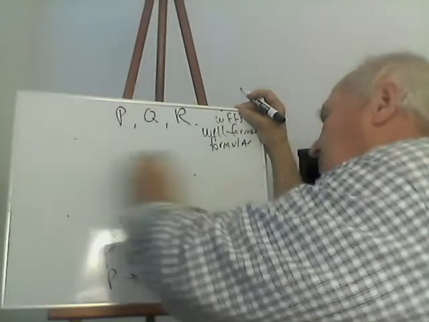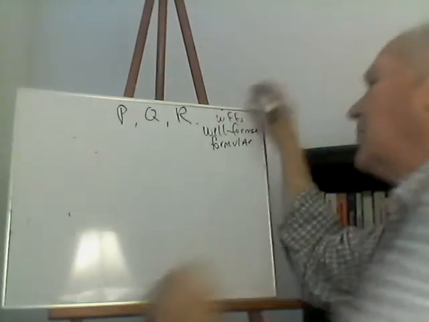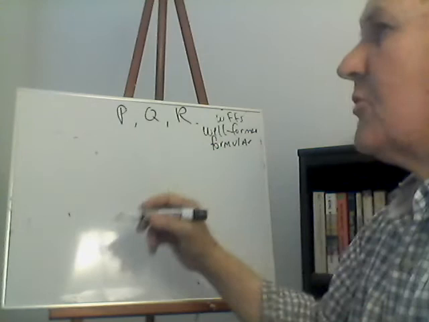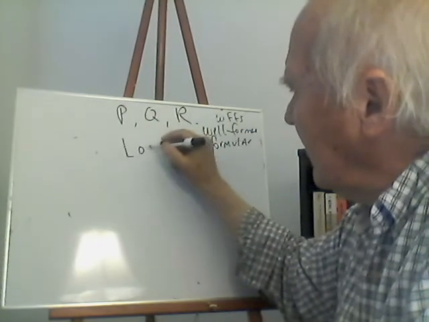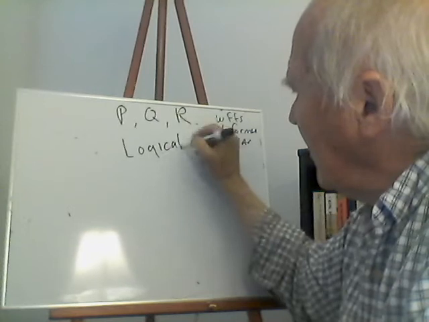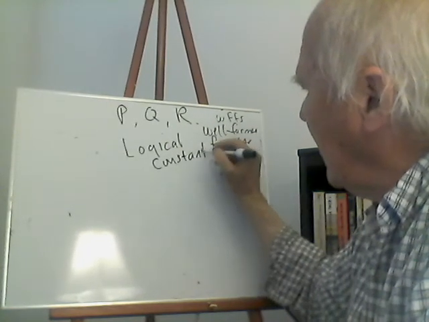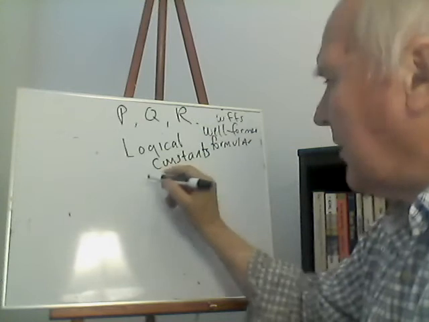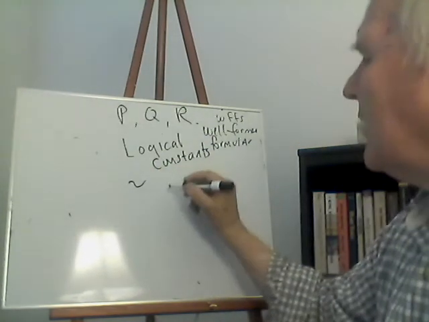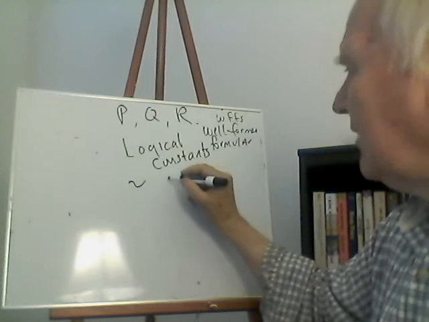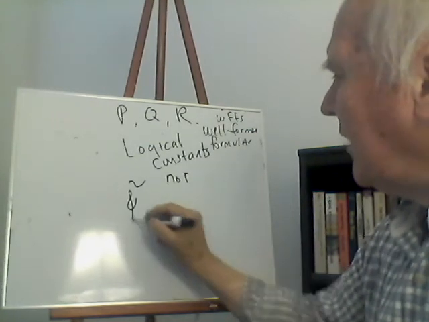So I'm going to go over the rules, but first let me go over what are called logical constants. They're called logical constants. Here they are. I'll put them out so we'll have them before us. That's the not sign. This is the tilde. It means not, or it is not the case that. The ampersand is and.